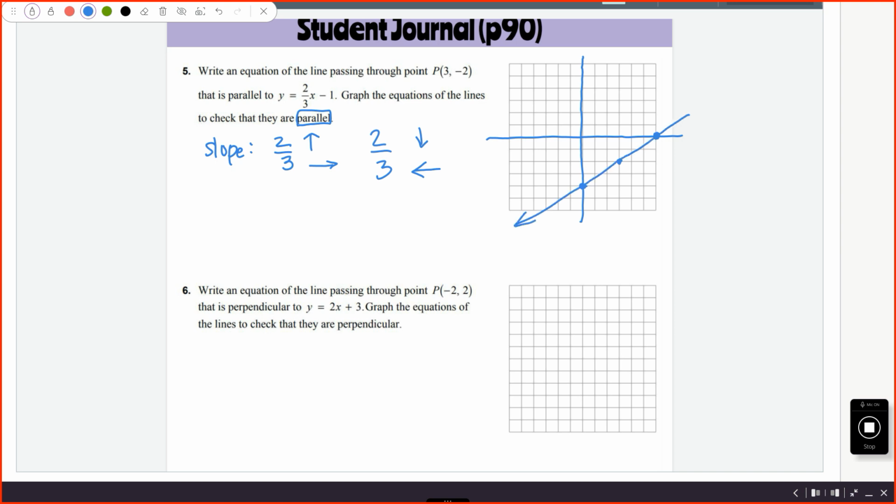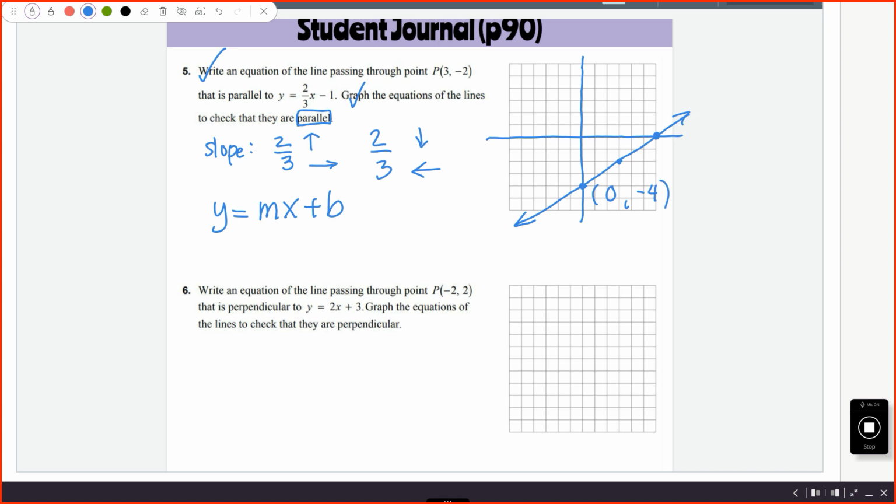But is that what they're asking us to do? Is that the only thing they're asking us to do? No, we graphed it. What else are we missing? Write an equation. Perfect. Okay, then help me write an equation. So the equation is in the form y equals mx plus b. What is the b in the graph? The y-intercept. And what is this y-intercept here? It's down 4. So 0, comma, negative 4.